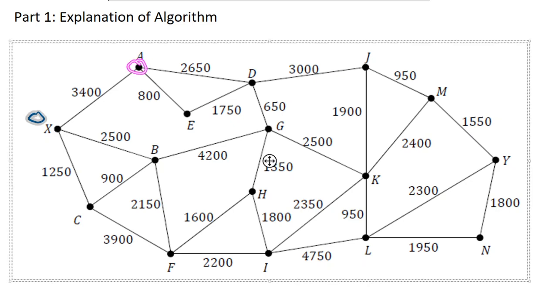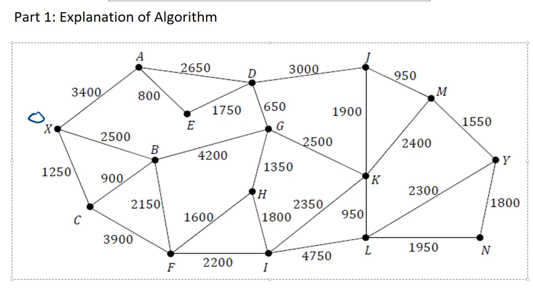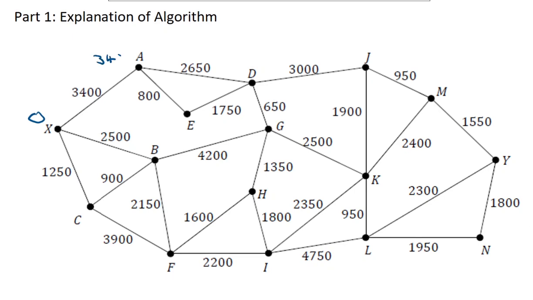So our three options to go from x are A, B, C. We calculate the total distance so far from x to A. So it's 0 plus 3400, and 3400 is our current shortest distance to A. 2500 is our current shortest distance to B, and 1250 is our current shortest distance to C. So now we've written out all the ways we can get from x to something else.